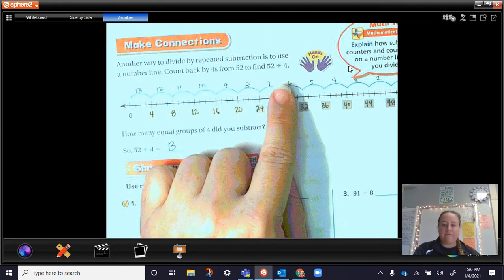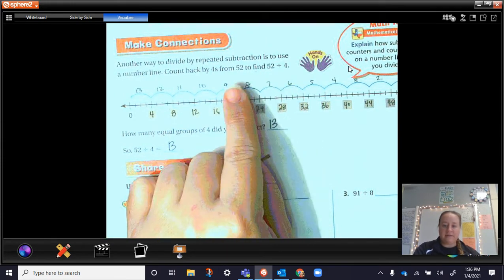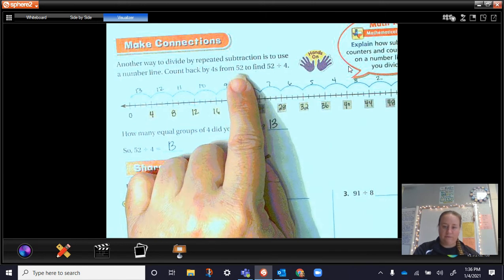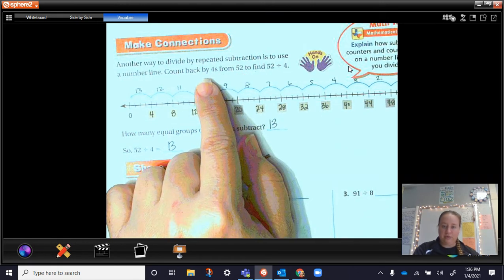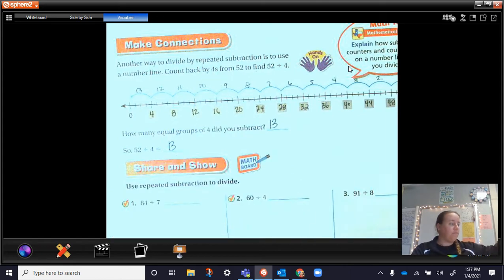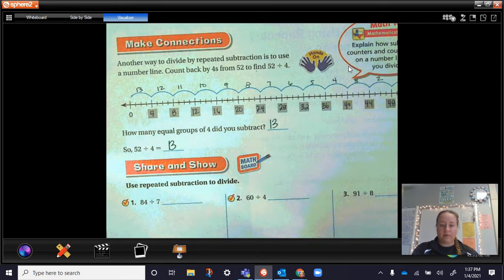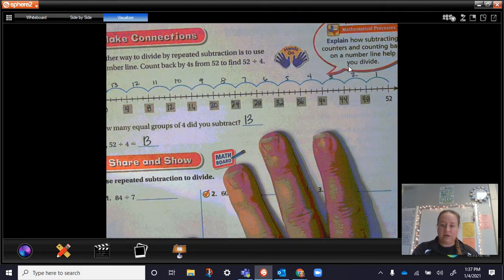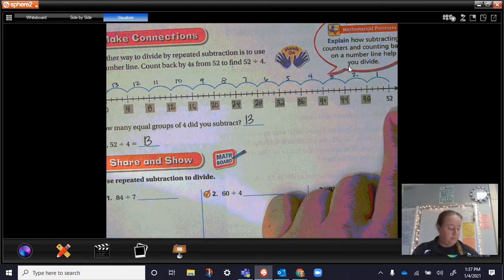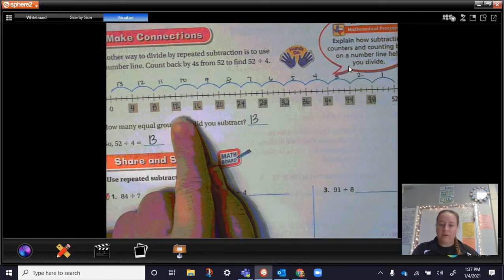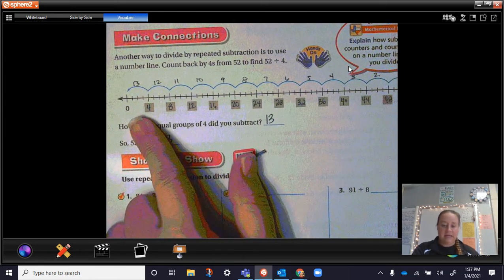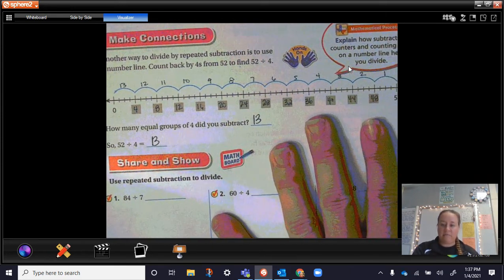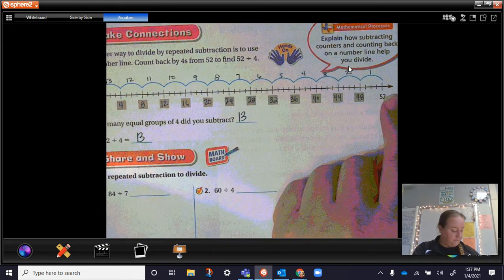So here we're doing 54 divided by 4, and so we're taking that total, 52, and we're pulling out groups of 4. And so here's our number line. So if you look all the way over here, we started with 52, and then we're going to go all the way to 0. And each time that we make a jump, we're jumping by 4.